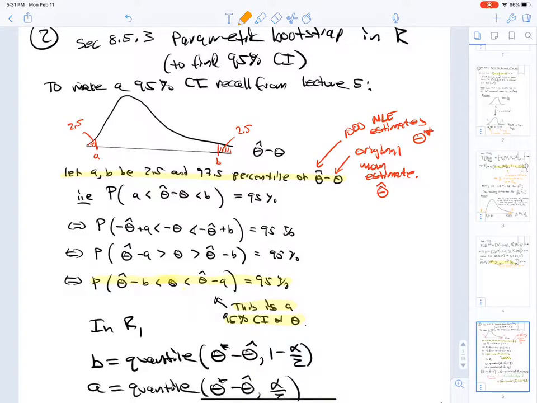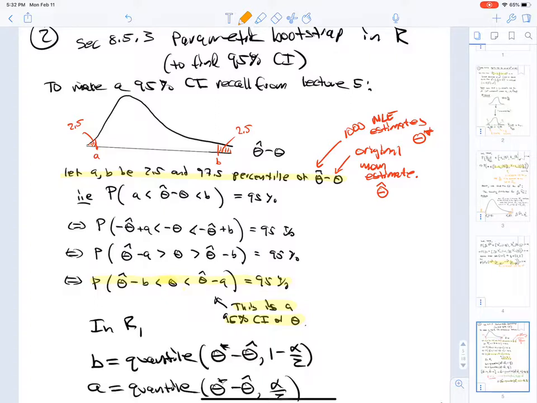We have some sampling distribution for our estimator minus the parameter, which, because we don't know the parameter, we estimate with, let's say, our MOM estimate for our original sample, and then we take many samples, let's say 1,000 of them, find estimates for all of those, and that's what we'll call theta star.